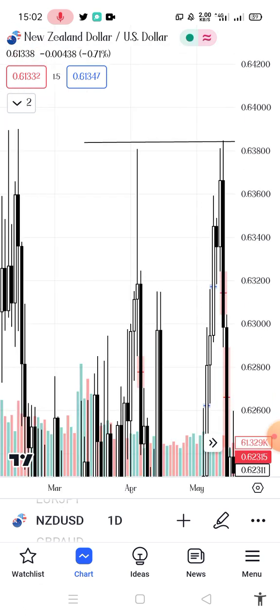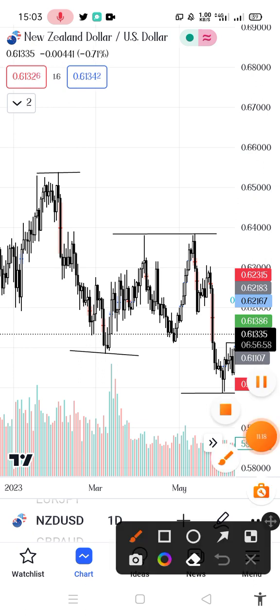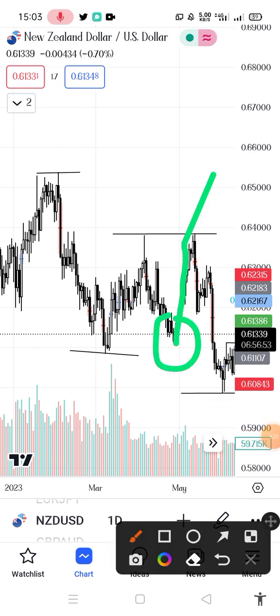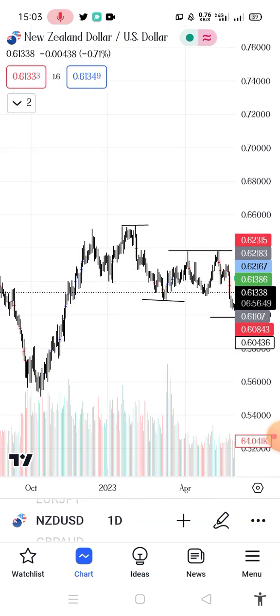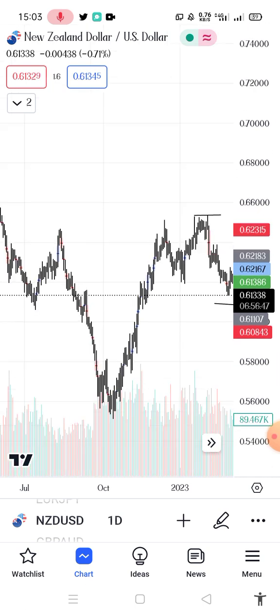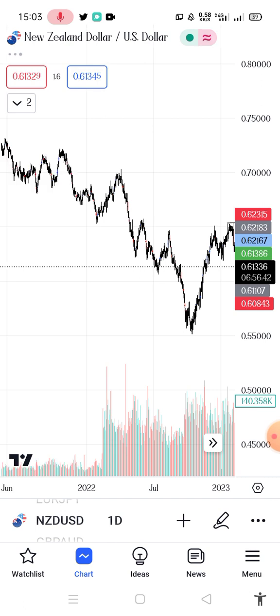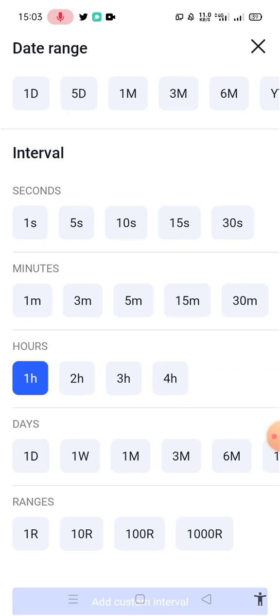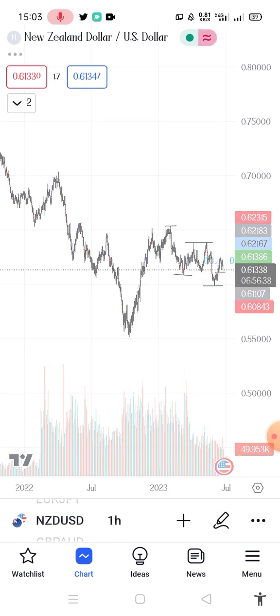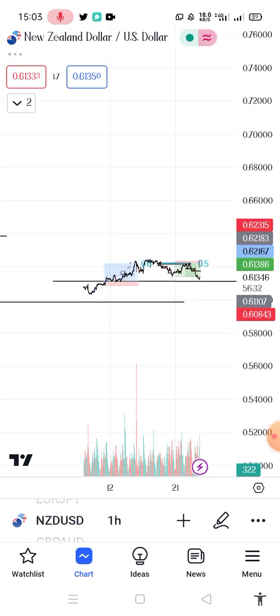So anytime this fails in doing its job, the other high comes to take it out and continue the trend. So this was basically a downtrend. Let me change the time frame so we can see the trends easily.